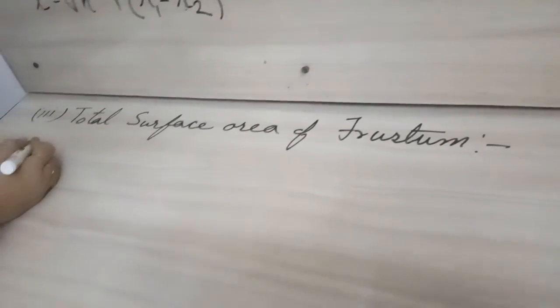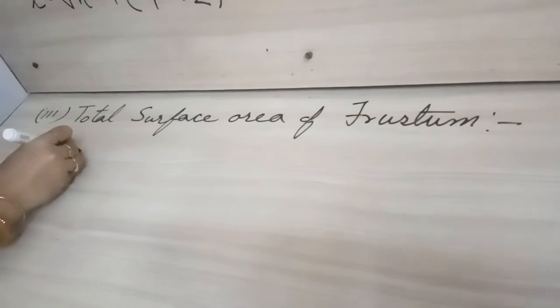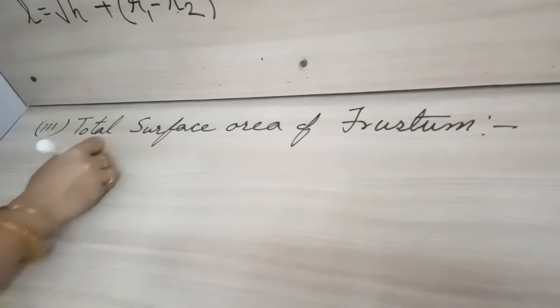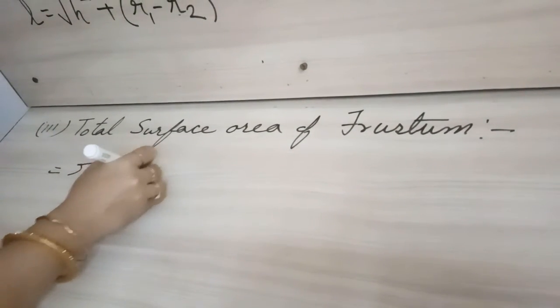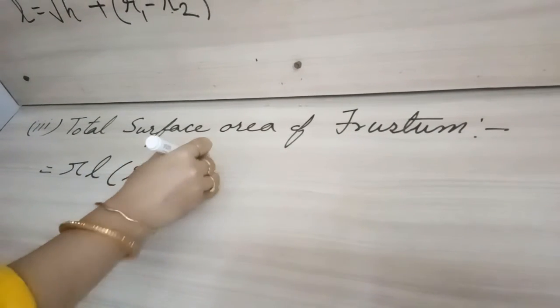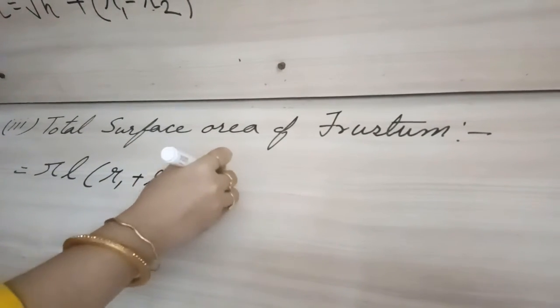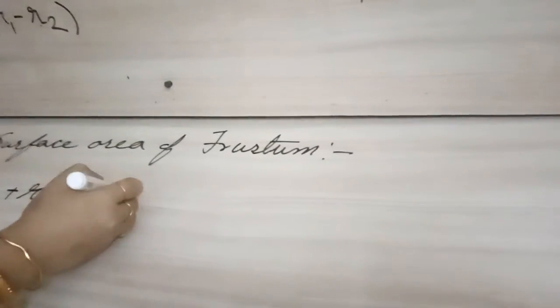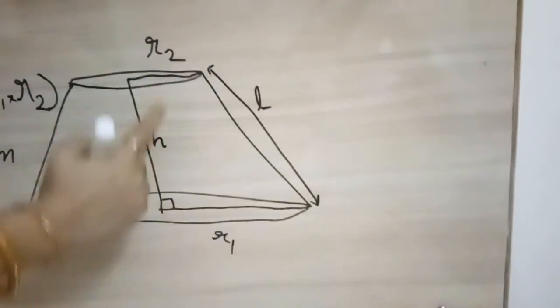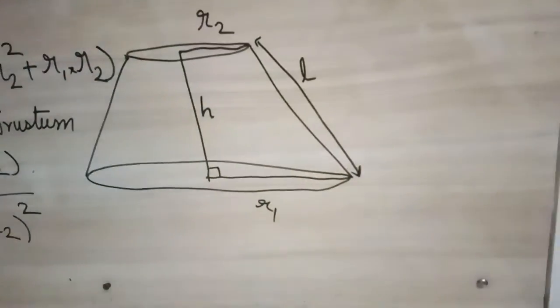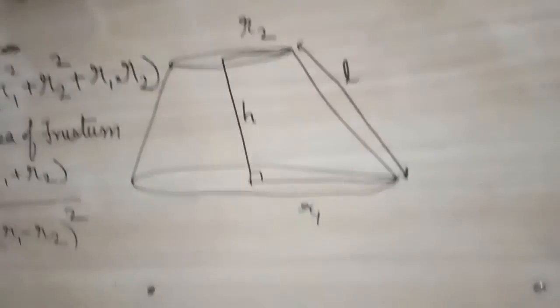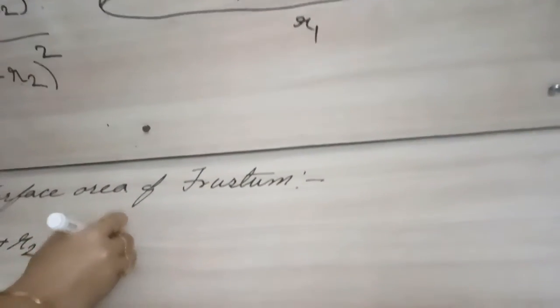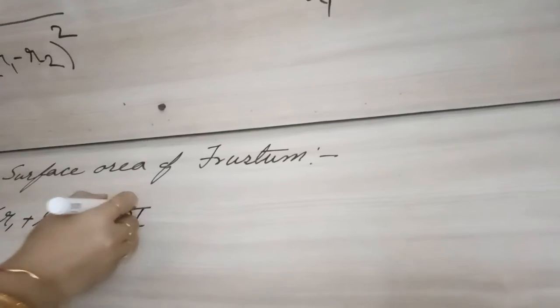So let's write the formula. For curved surface area, obviously we will write pi L bracket R1 plus R2, this is curved surface area, plus then we will add the area of top and area of bottom. The area formula you already know, that pi R square. So pi R1 square, pi R2 square, but pi is coming in both, so I can take pi common. So we will reduce it to simple form. Like this.